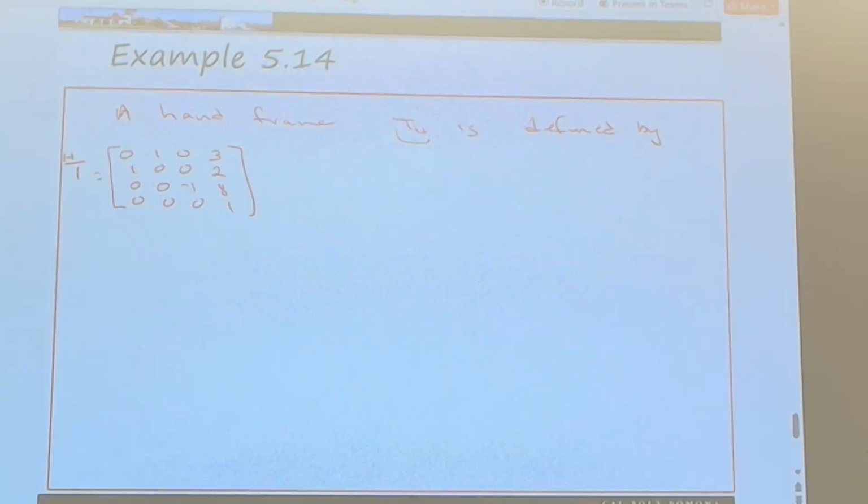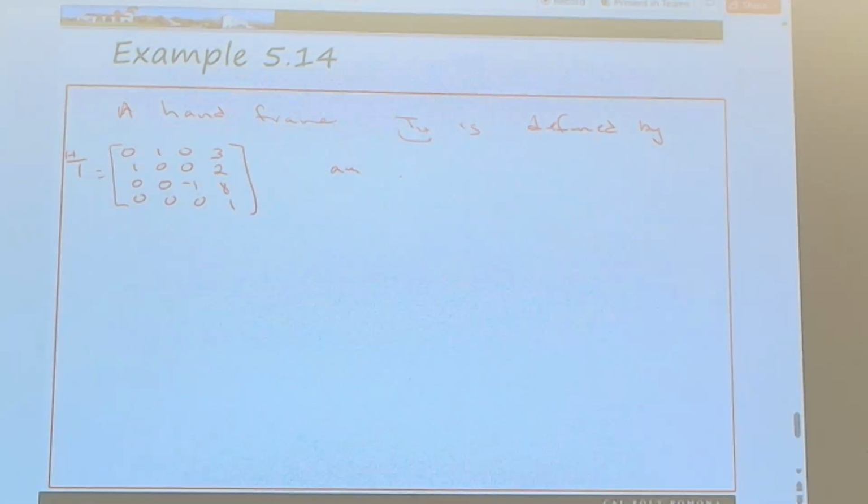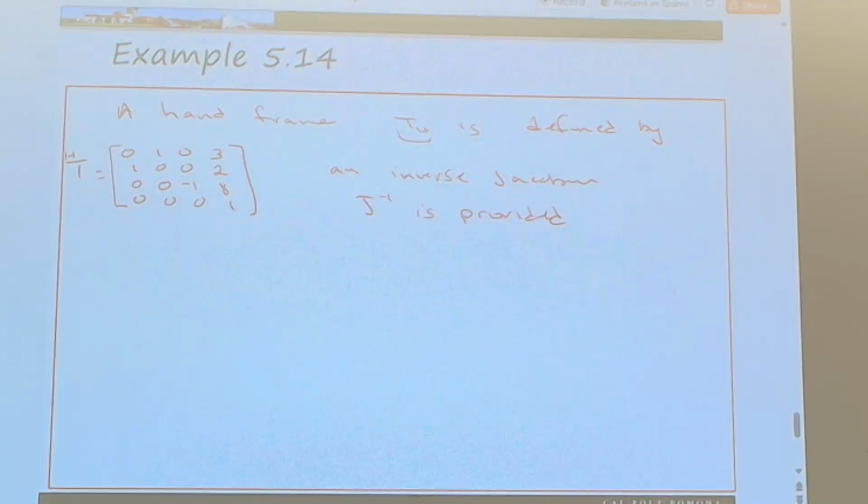The inverse Jacobian, J minus 1, is provided. The robot has a differential motion. So this is the end effector expression.